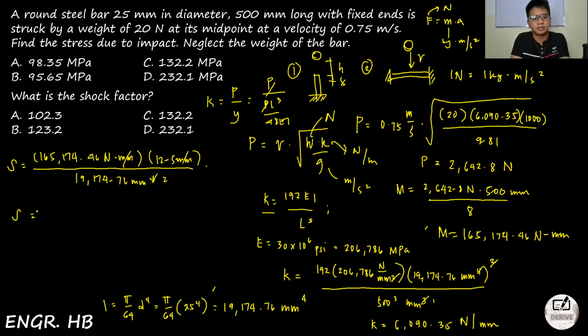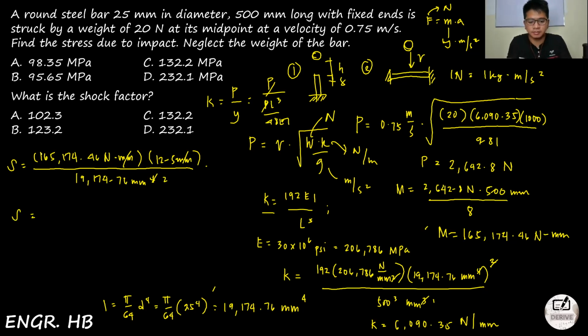So this will be, wag mo na burahin yung nasolve mo sa calcu, times 12.5 yon, divided by 19,174.76. So that is a 107. Tama ba? S equal to MC over I. So PL over 8.